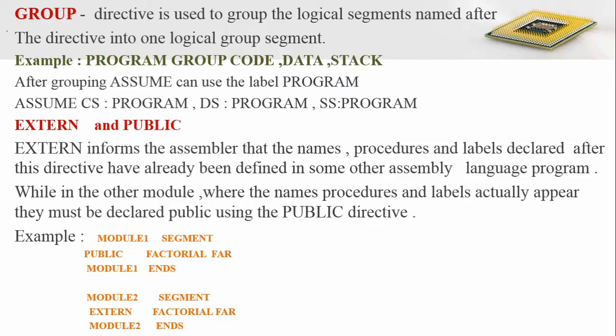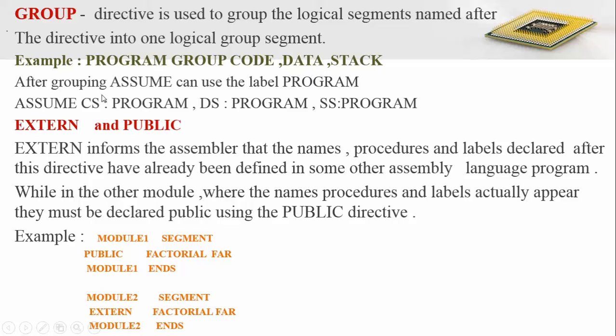For example, program, this is a user defined name, program GROUP code, data, stack. All these logical segment names like code, data and stack are grouped together to form a single group, and that group is named with the user defined word program.